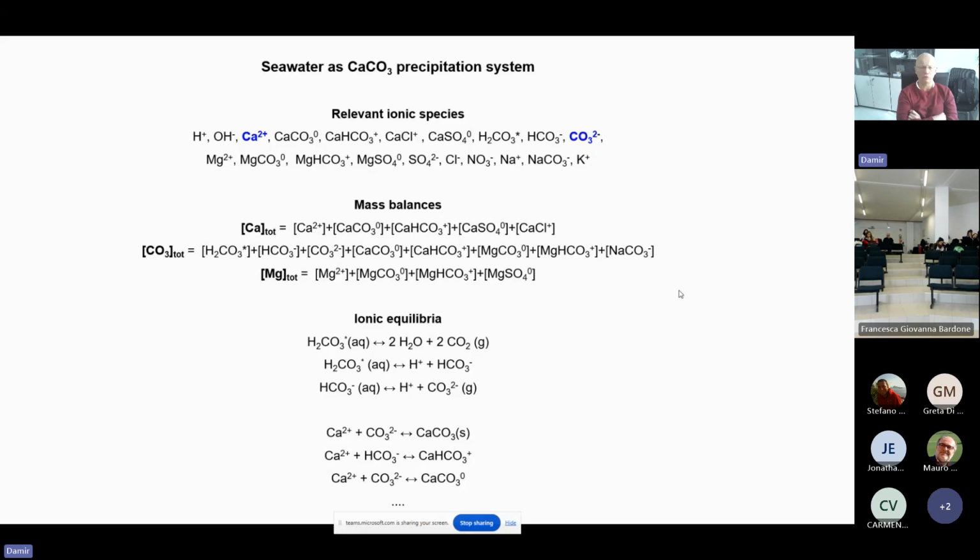So it's not only in the form of calcium 2+, there are also a lot of ion pairs of calcium, but also ion pairs and distribution of carbonate as well as magnesium. The formation of ion pairs is important because it actually lowers the concentration and activity of free calcium ions.